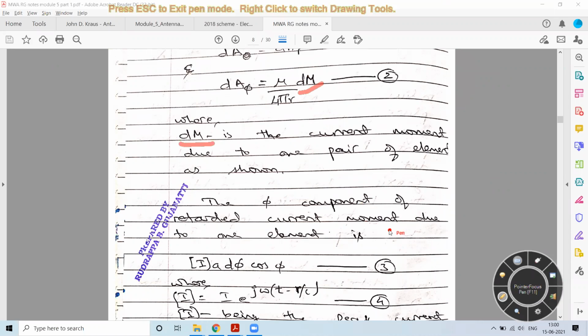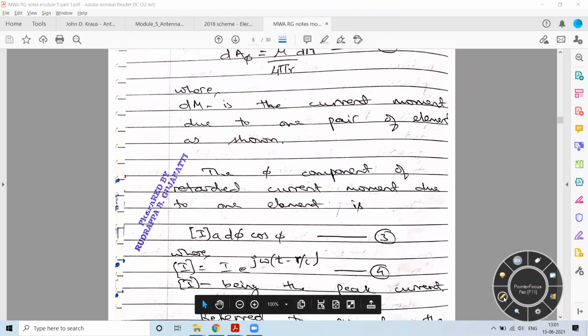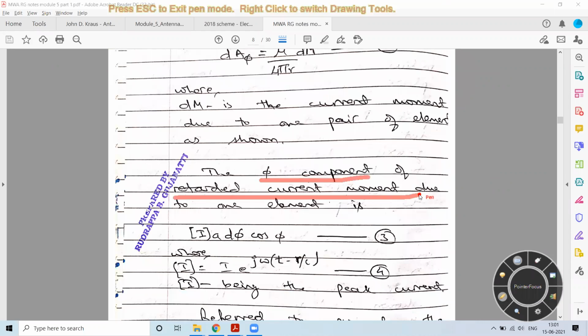Now, when we consider the phi component of the vector retarded potential, associated with that, the current moment is given as the retarded current into a d phi into cos phi, which is the phi component associated with the retarded current moment.